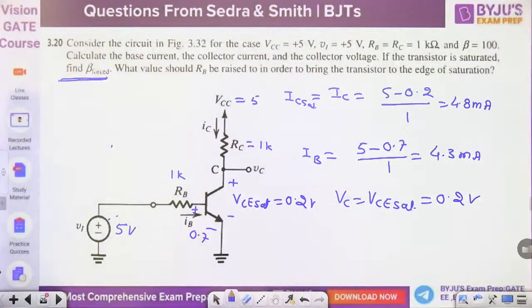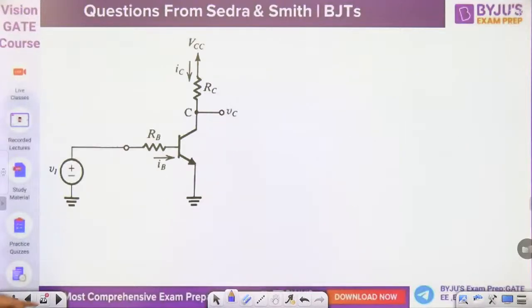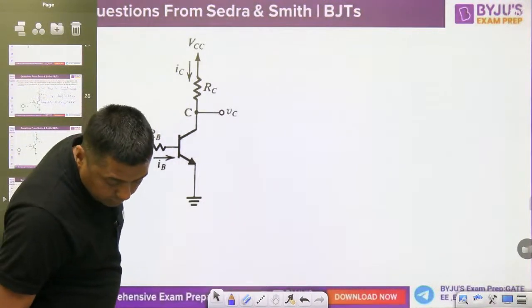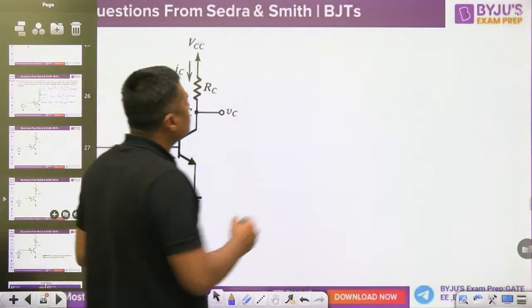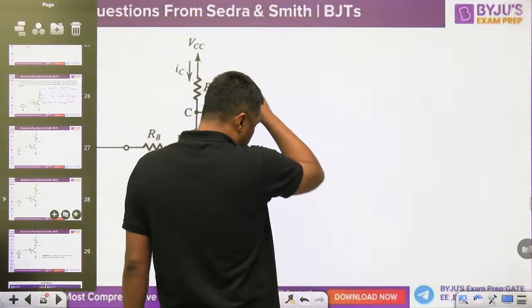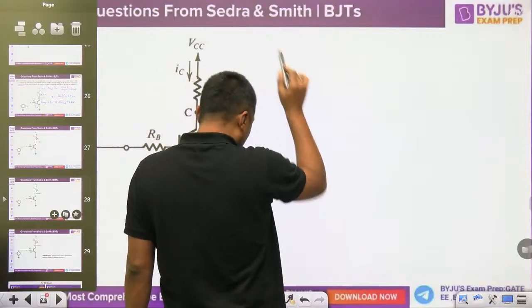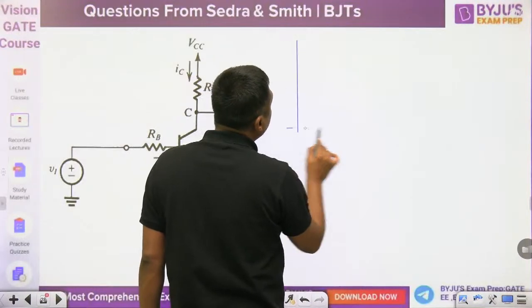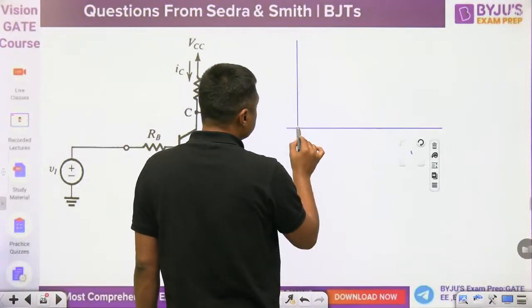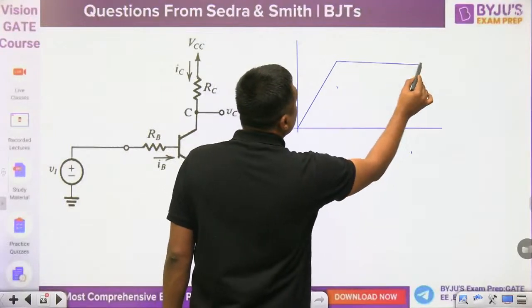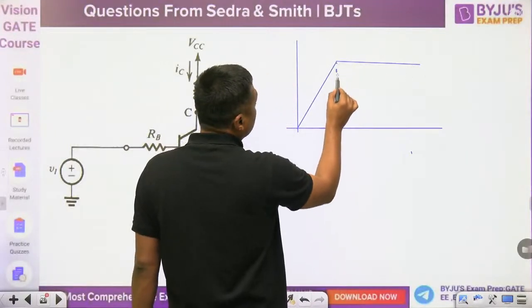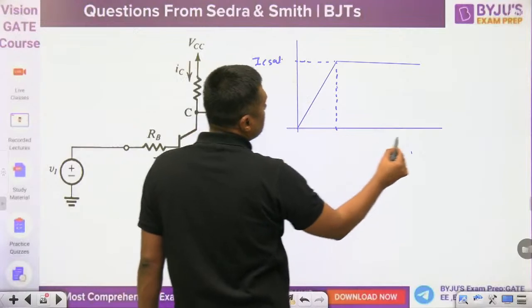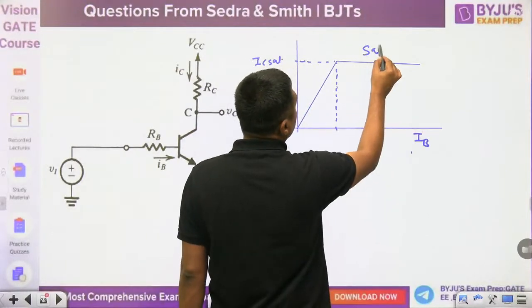What is the meaning of beta forced? Suppose IB minimum is required in this circuit. I have already given you the diagram. This is IC sat, and this is the IB in saturation.